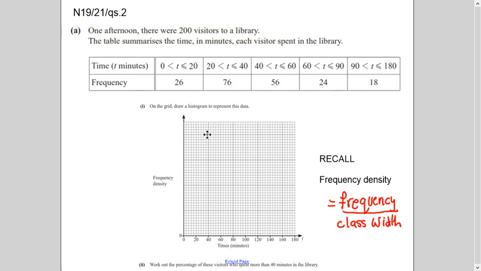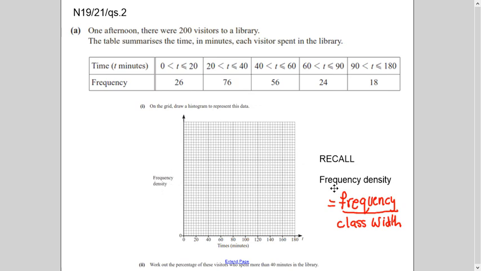The question is saying that on the grid which is given to you here, you have to represent this data in a histogram. Now, when you think about a histogram, remember the characteristics. There is no gap between the bars. Secondly, if you see on the y-axis what is written, frequency density.